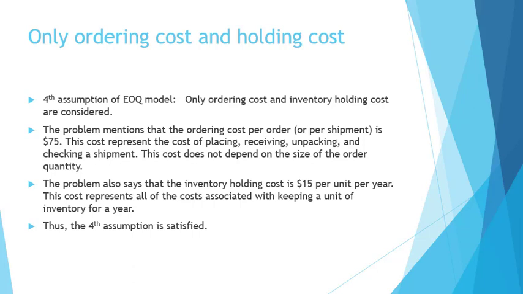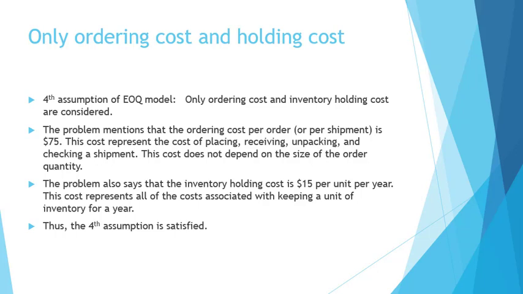Now the fourth assumption. Only ordering costs and inventory holding costs are considered. The problem mentioned that the ordering cost per order is $75. This cost does not depend on the size of the order quantity. It represents the cost of placing, receiving, unpacking, and checking a shipment.